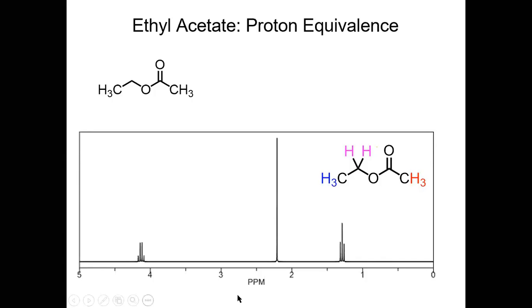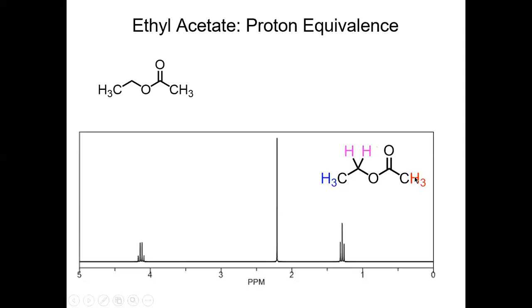So in the NMR spectrum, you can see that there are indeed 3 signals here that correspond to the 3 different types of protons. Now the question is, well, there are 3 hydrogens here, right? Why is it that these 3 don't give 3 different signals? Well, these 3 are equivalent to each other, but they're not equivalent to the hydrogens on this carbon or the hydrogens on this carbon.